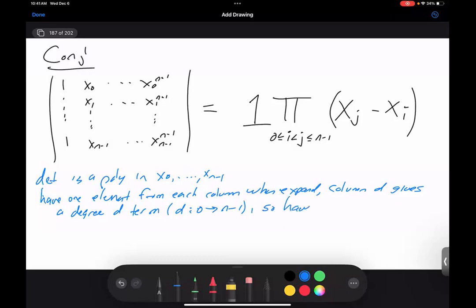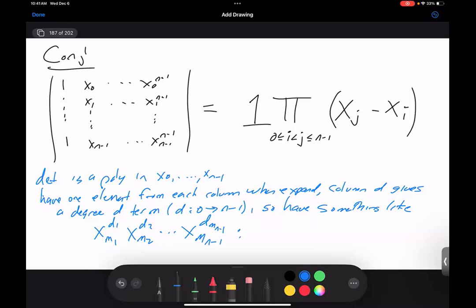So we have something like x, let's call it, m1 to the d1, xm2 to the d2, ..., x to the m_{n-1}, to the d_{n-1}, because I don't know which term it is.